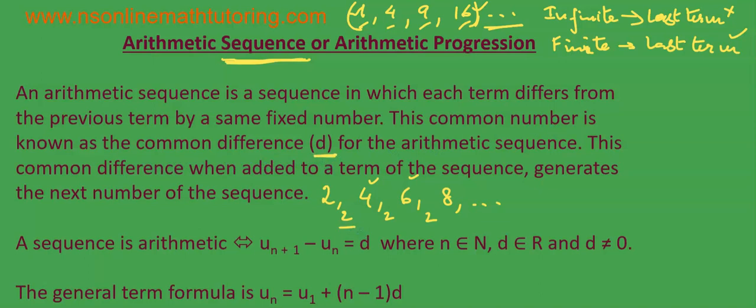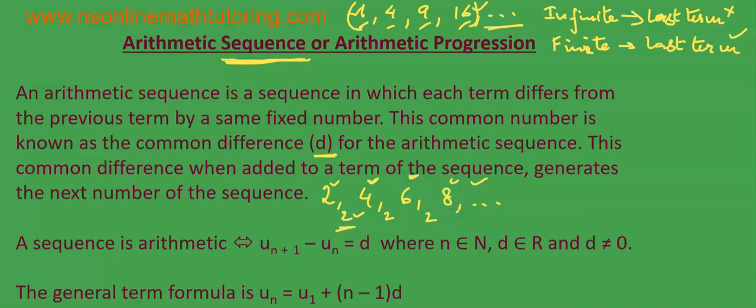So in this sequence, the common difference d is equal to 2. And it is an arithmetic sequence because we have the common difference. Okay? This common difference, when added to a term of the sequence, generates the next term of the sequence. Definitely. Because if I add this common difference of 2 to the first term, that is 2, I get the second term, 4. 4 plus 2 is equal to 6. 6 plus 2 is equal to 8.